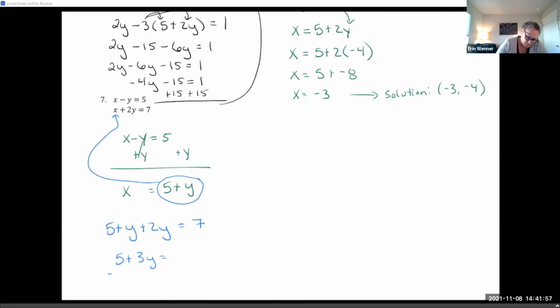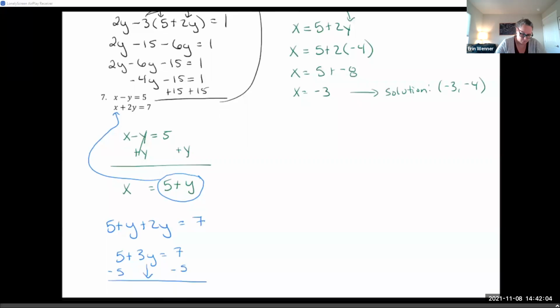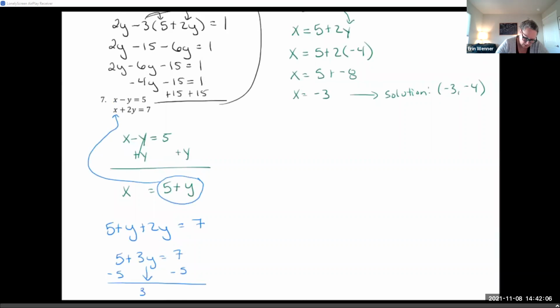That needs to be 7. So if we subtract 5 from both sides, bring our 3Y down, we get 3Y equals 2. If I have 3Y equals 2, that means Y equals 2/3.